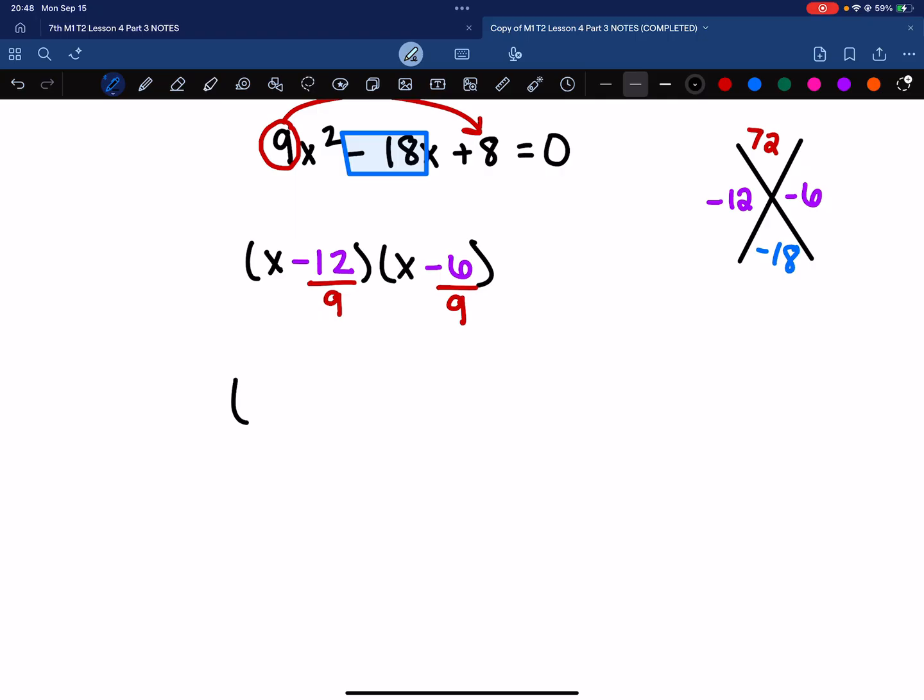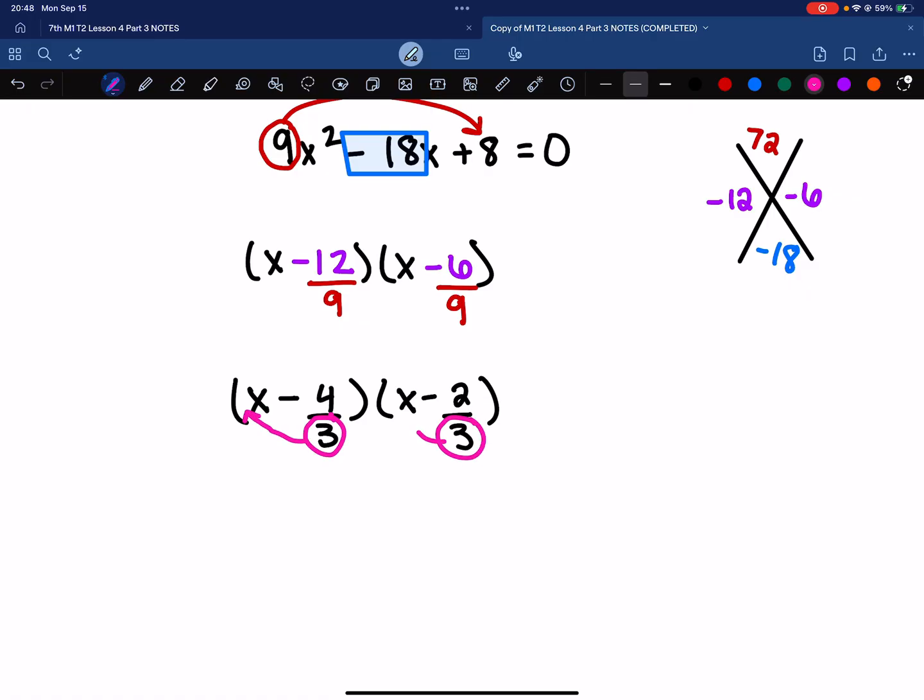So then you simplify the fraction. X minus 12 over 9 simplifies to be 4 over 3. And 6 over 9 simplifies to be 2 over 3. This is still not your factors. What you do now is you're going to take these numbers, because the denominators did not simplify out.